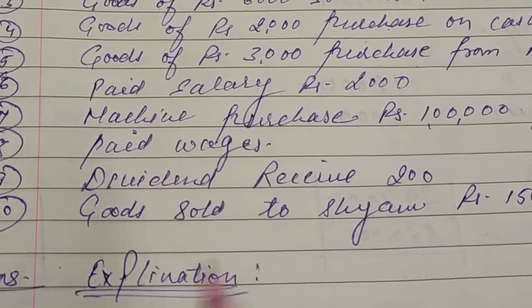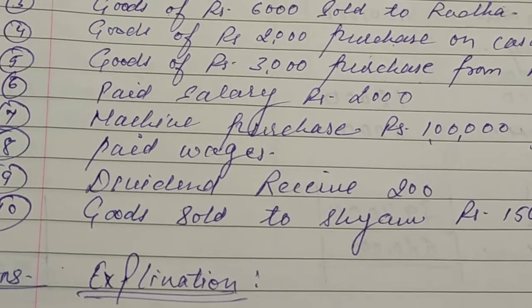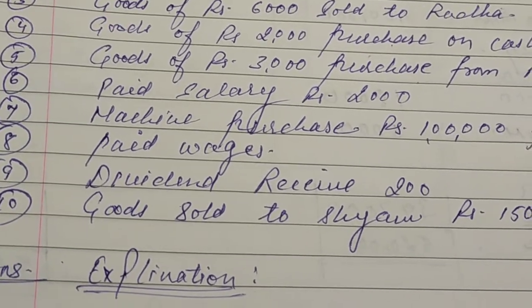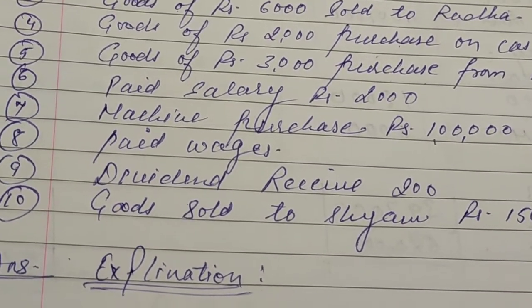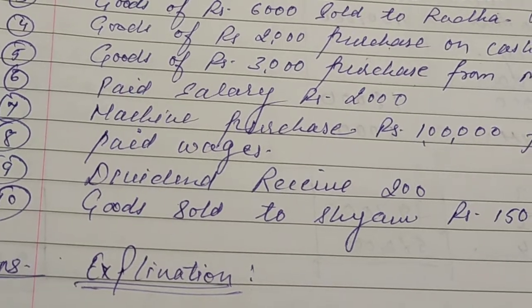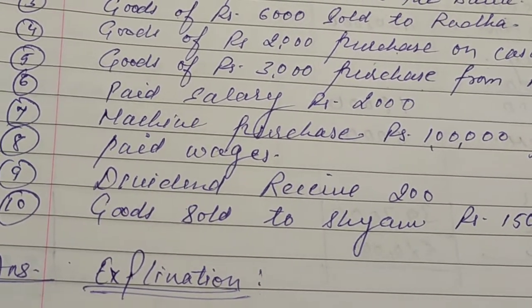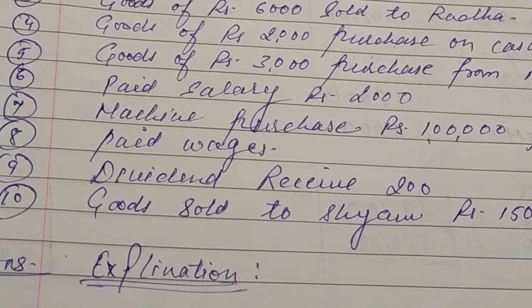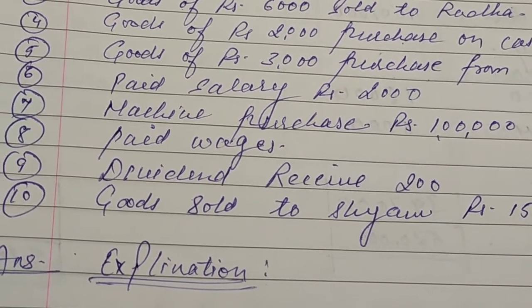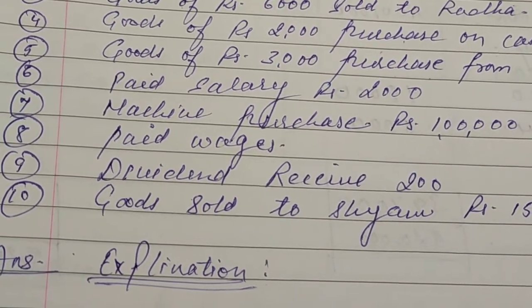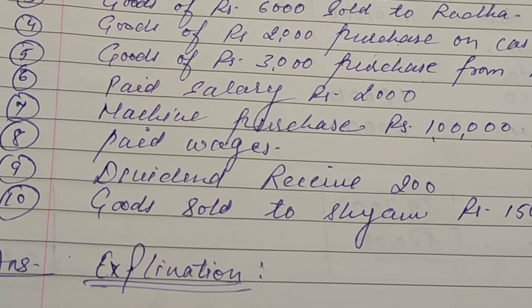Dividend received. Okay, whatever we are receiving means cash. If the business is receiving cash from any source, it is called income. Dividend received 200, so from the point of view of business, income is always credit.